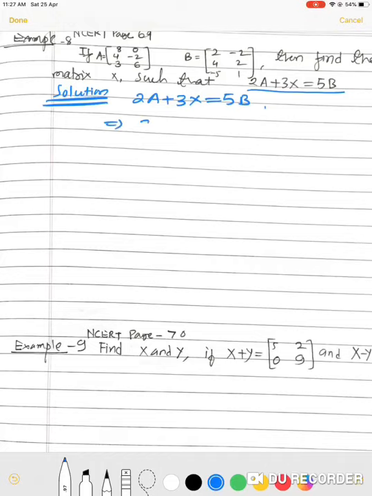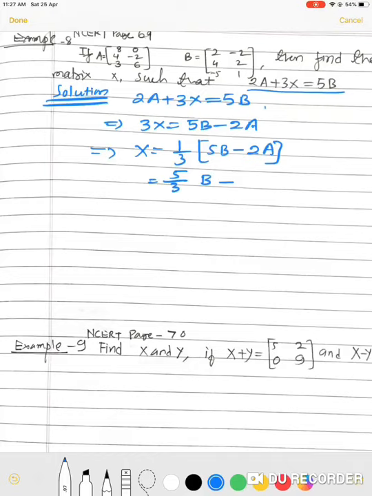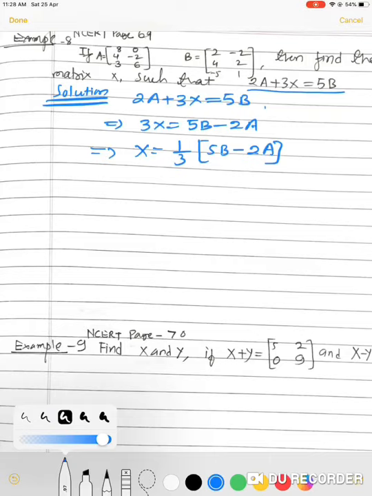We simplify it. 3X is equal to 5B minus 2A, or X is equal to 1/3 of (5B minus 2A).